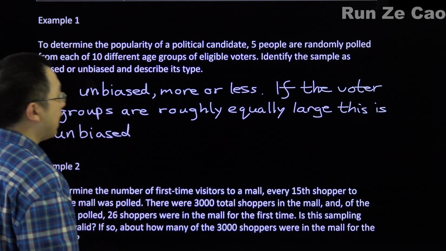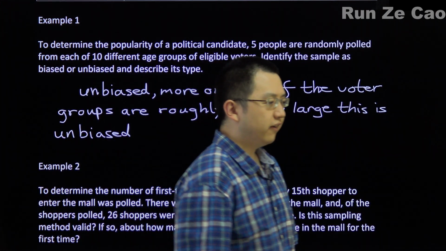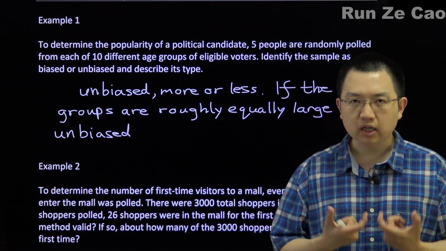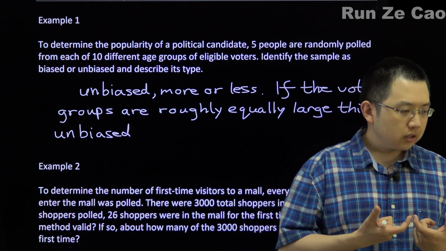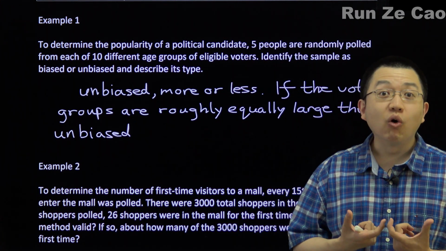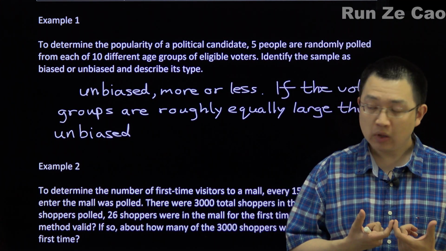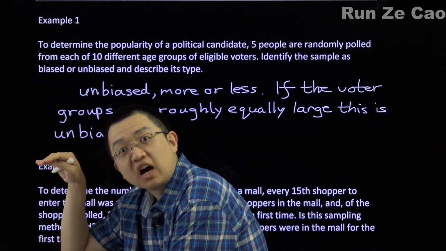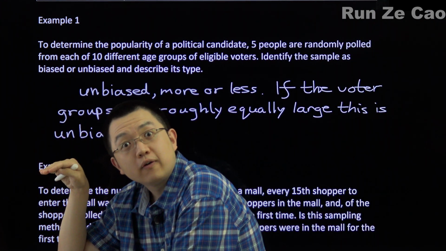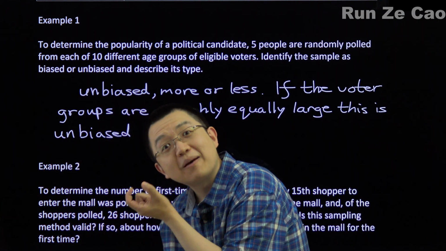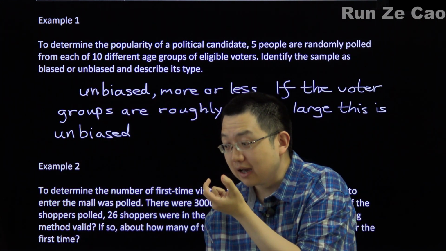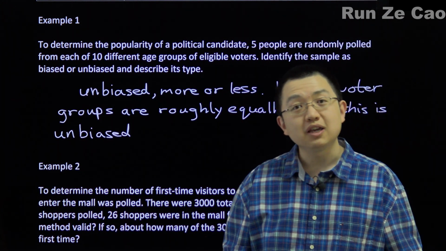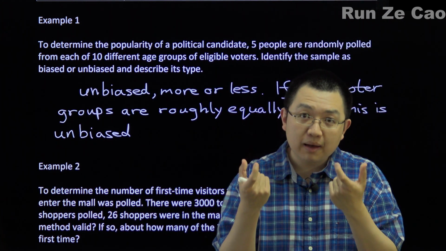Otherwise, well, imagine you have 5 people in the 2 oldest groups each, so you end up polling all of them. Meanwhile, of the 500 people in the youngest voting group, you only polled 5 of them. That means the older people's opinions would be overrepresented in your sample.